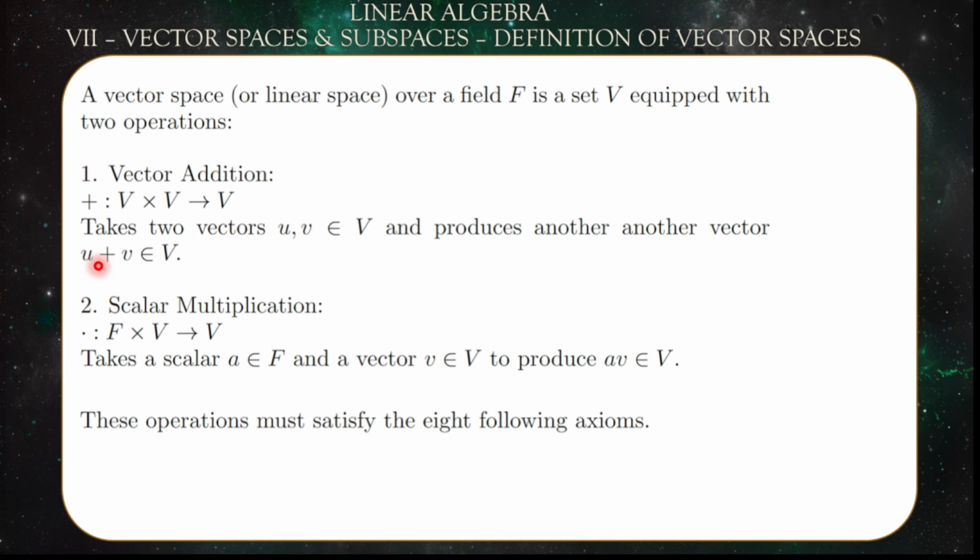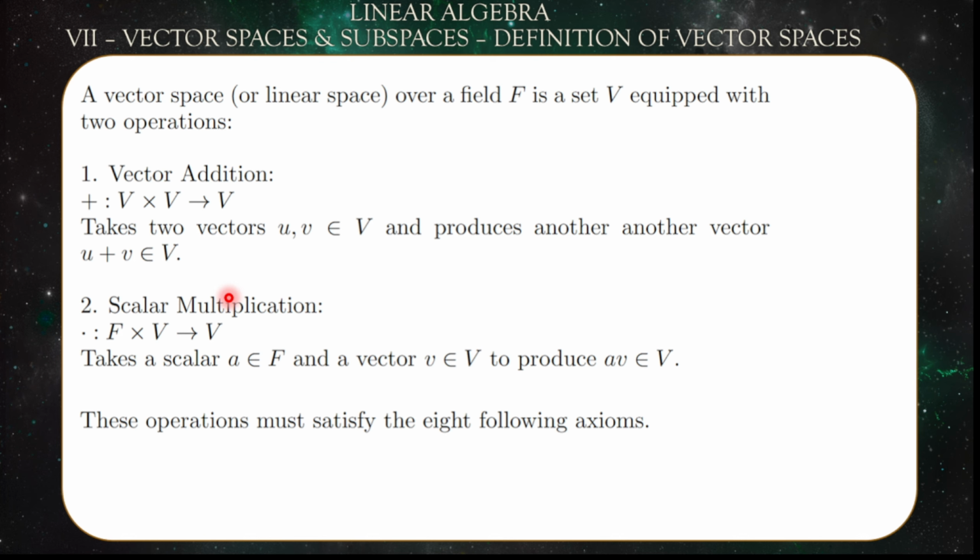So if u belongs to V and v exists in V, hence u plus v exists in uppercase V, V being the domain here, the set. Okay, so u and v produce another vector also existing within the same set.